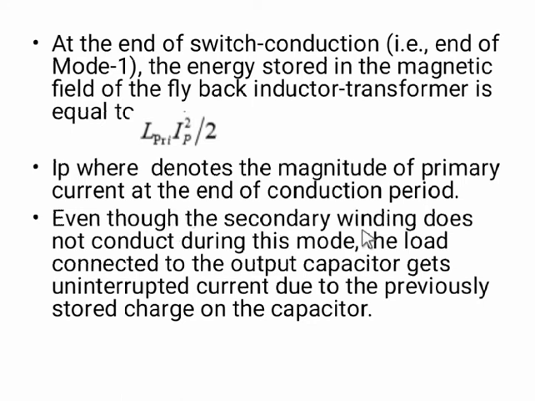Even though the secondary winding does not conduct during this mode, the load connected to the output capacitor gets uninterrupted current due to the previously stored charge on the capacitor. That means during mode 1 the energy is supplied by the capacitor.